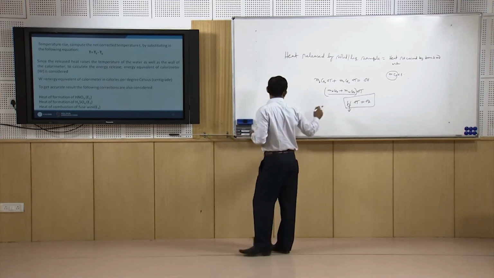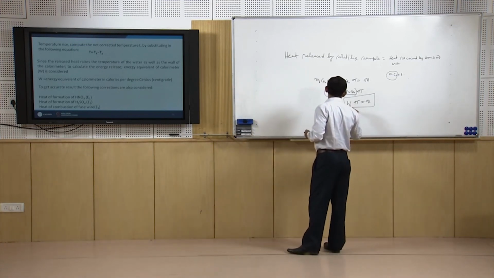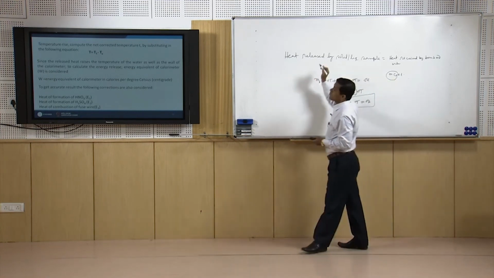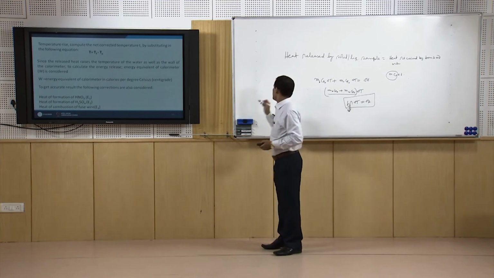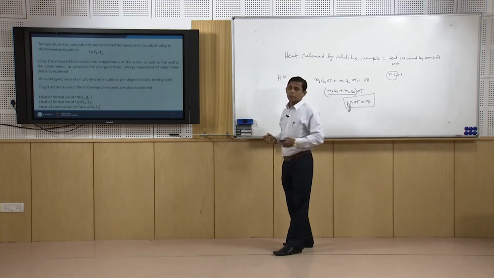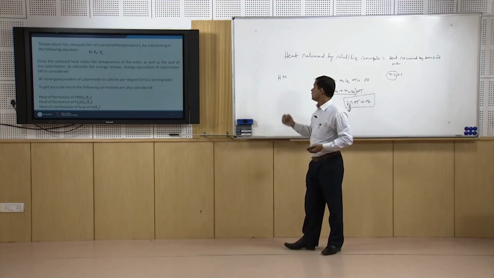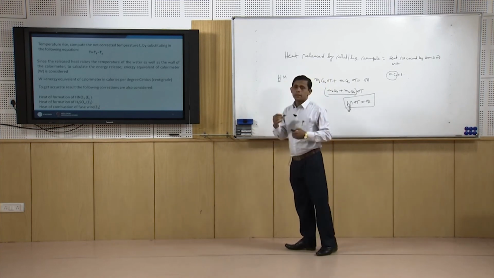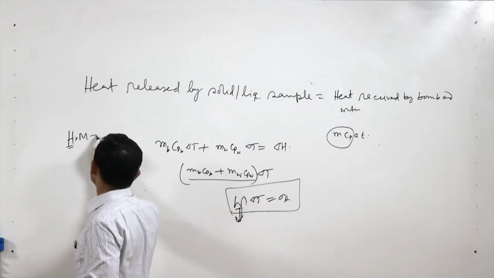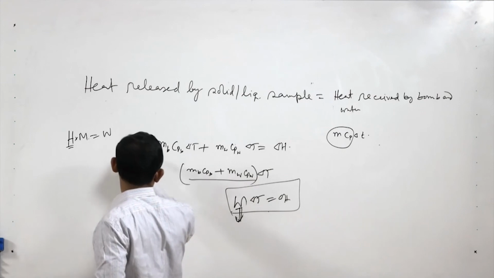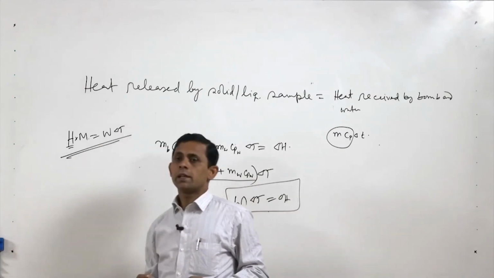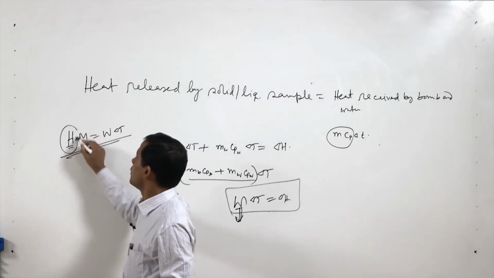So, we can get the value of W. Once we get the value of W, the heat released by the solids is H into M. M is the mass of the material we have taken and H is the heat released per unit mass. So, H into M is equal to W into del T. This is the relationship which can be used to determine the heating value of the material.